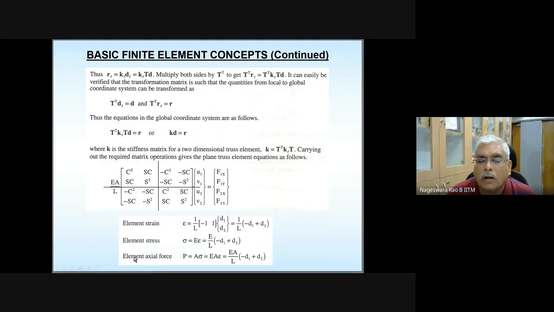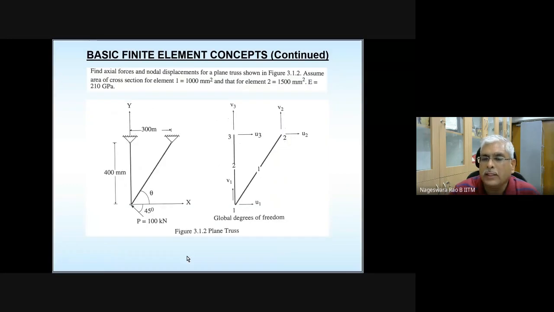So this is all called post-processing. First, after getting the solution, which is displacement, you do some processing, post-analysis. After the analysis, you process those displacements to get the strain, stresses, and axial force.